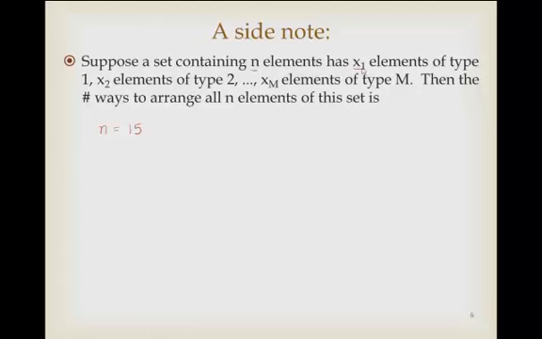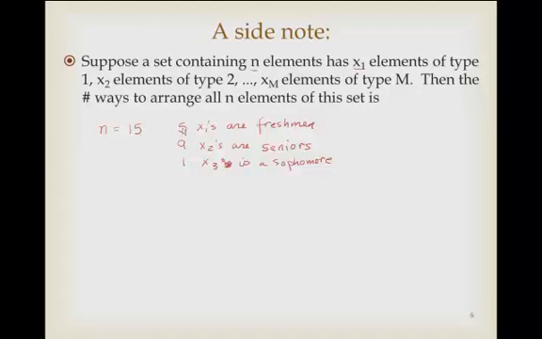We're going to say that x1 elements of type 1, 5 of them, are freshmen, and x2, 9 of them, are seniors, and that leaves 1 lonely x3 as a sophomore.